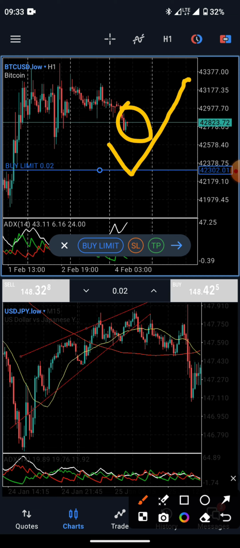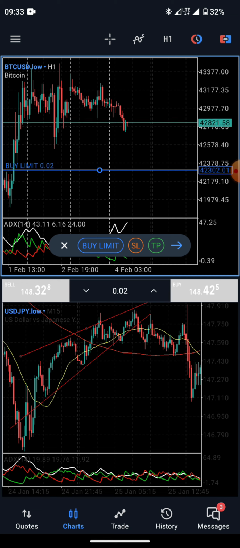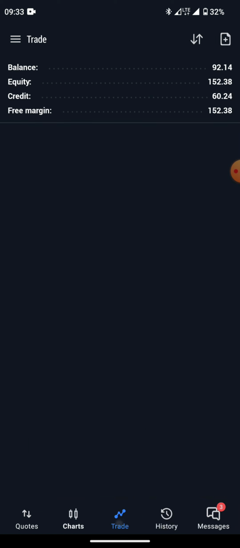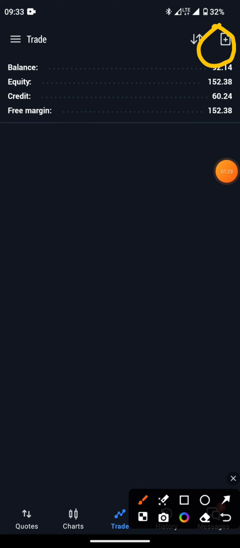Now, for those of you that are conversant with the MT5, they introduced a new icon which I just used, which is this. Okay, this icon now automatically shows you graphically where your buy limit lines or your stop limit lines or your limit lines basically are going to be on the charts. Formerly, we didn't have this feature. What we basically did was to go to our trade execution rather.